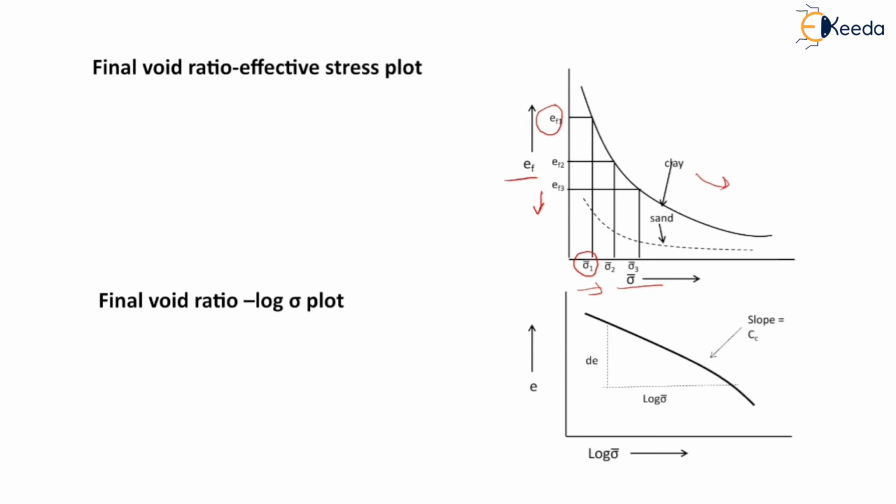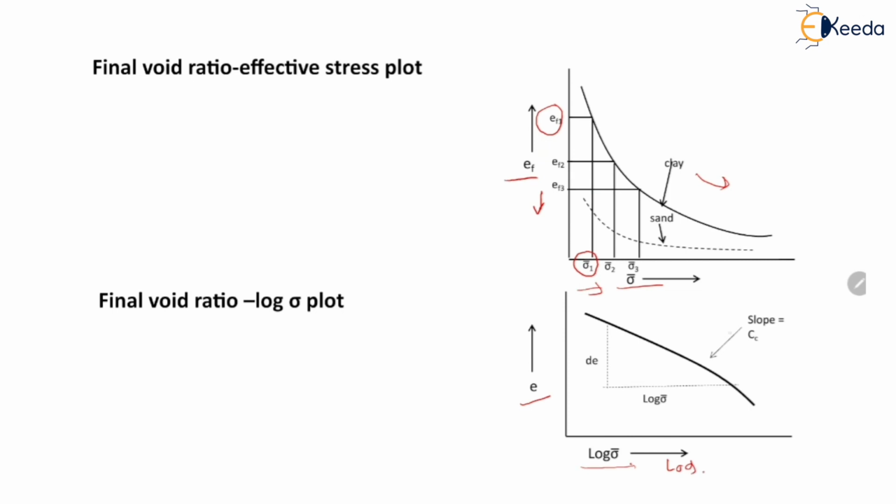Now the third plot obtained is final void ratio versus log sigma plot. This graph is plotted on semi-log graph paper where e_f is plotted on the natural scale and effective stress is plotted on log scale.